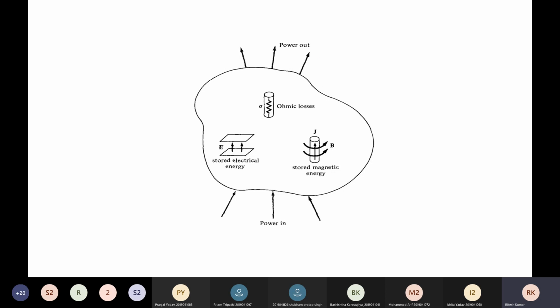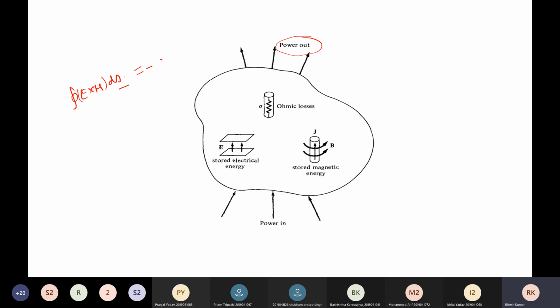We can see in this diagram how power is coming out and what the three different terms on the right hand side are. The first term on the left hand side was our E cross H closed surface integral ds, that is the power out. It has three terms on the right side.